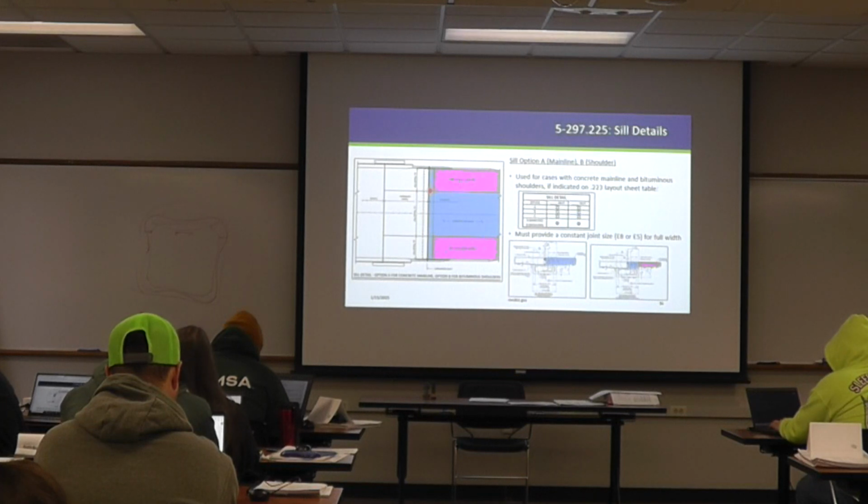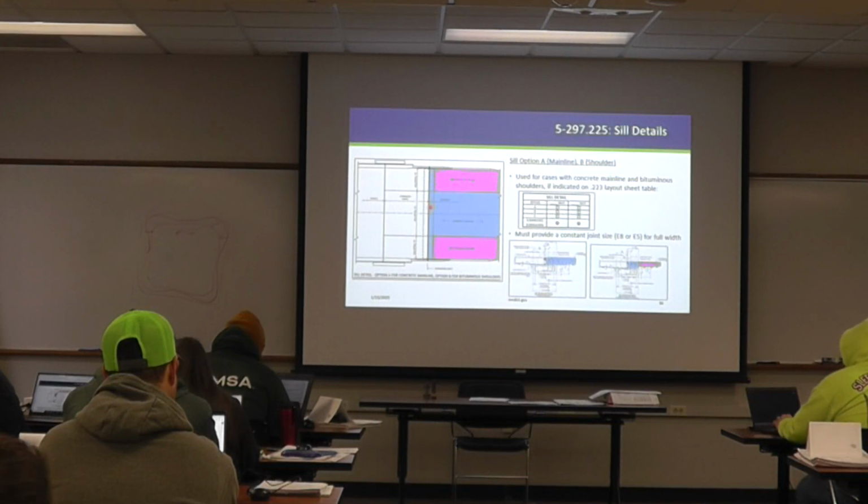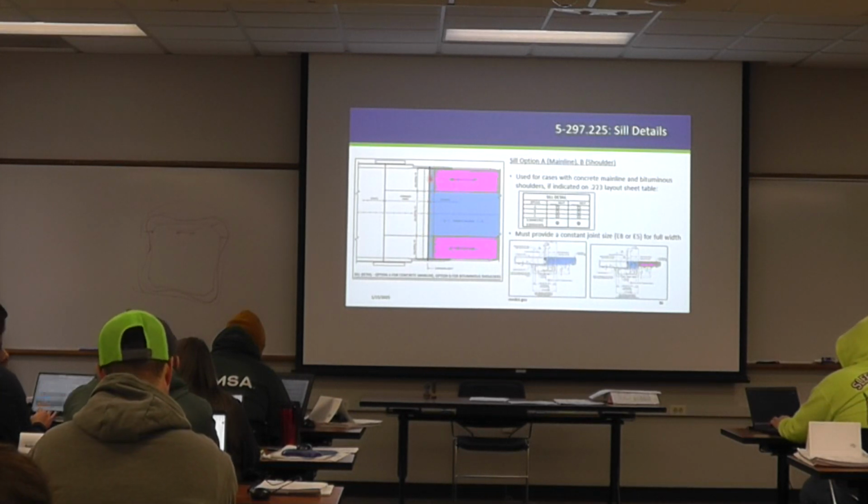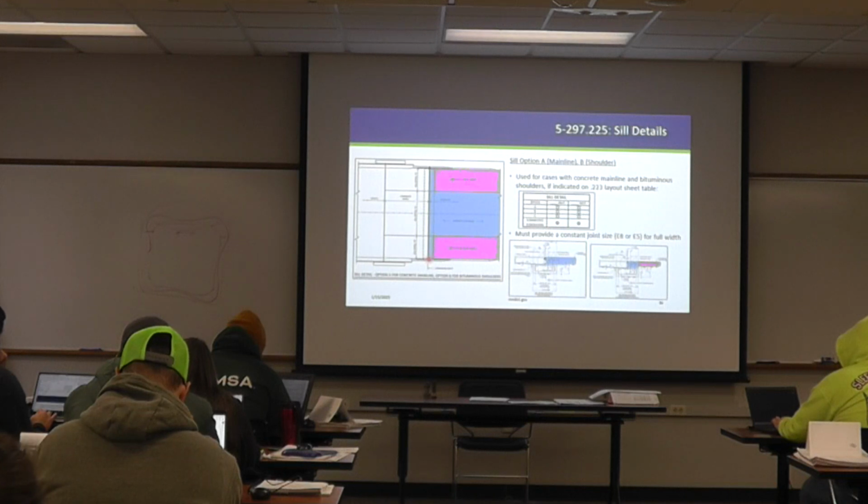So if this is the case, I would say don't be tempted to change joint sizes when you get to the bituminous shoulder or anything. Just have a constant E8 or E5 joint. Whatever's required by the engineer, just make sure that that joint is going all the way across the bridge here. Don't try to splice an E8 with an E5 because I don't think that's going to perform very well.